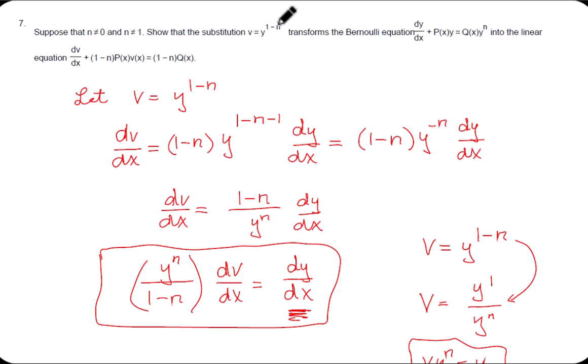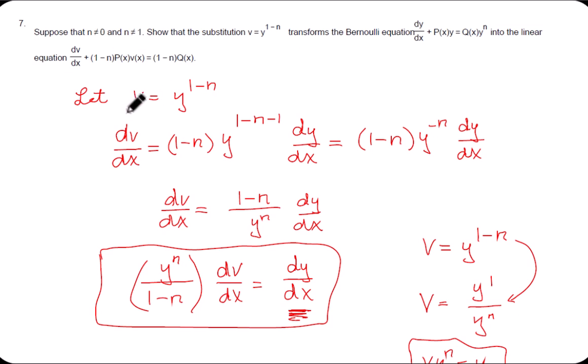And if we do, it's going to transform it into something that looks like the following. Well, what is the following? Look, this is a first order equation. Here is a new p of x. Here's a new q of x. And so we know how to solve that by our integrating factors.